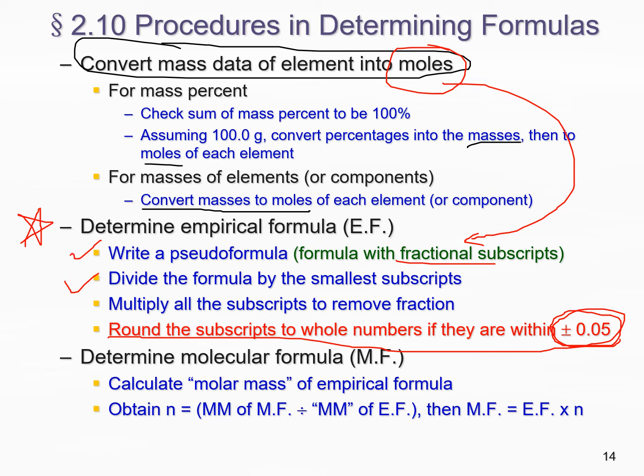It's not 0.5, it's 0.05. A very small range. All right, after we round it up or down, we can have an empirical formula. Once we have an empirical formula, we can calculate the molar mass of this empirical formula.